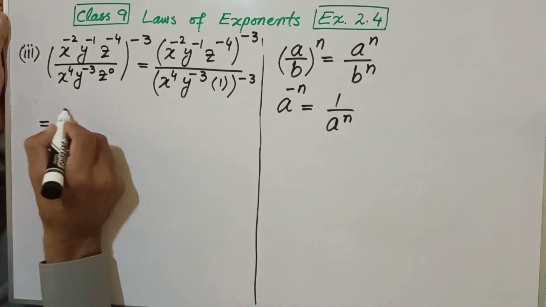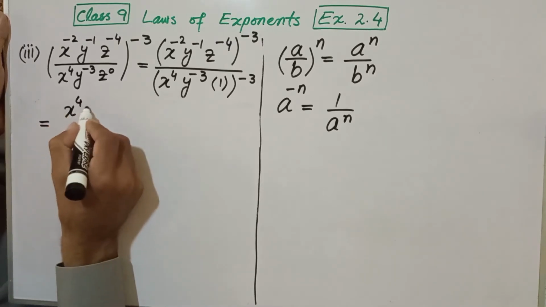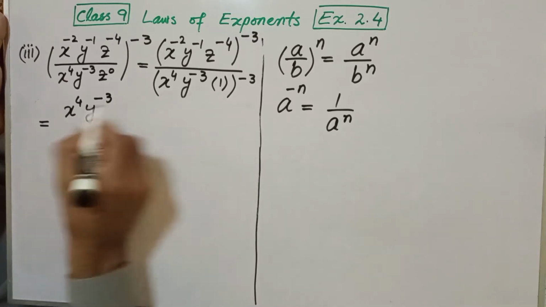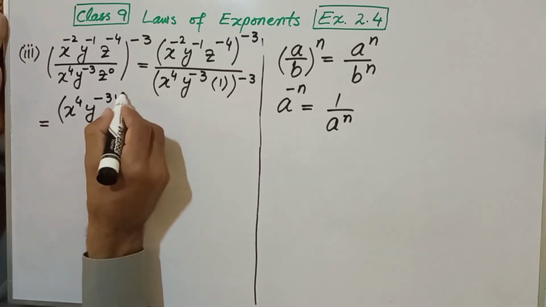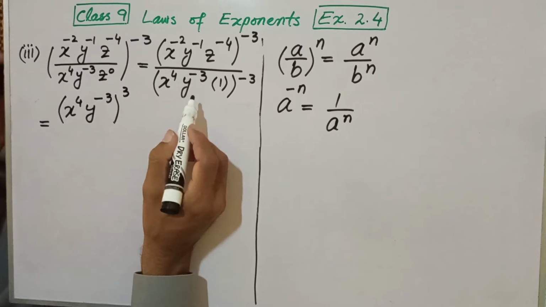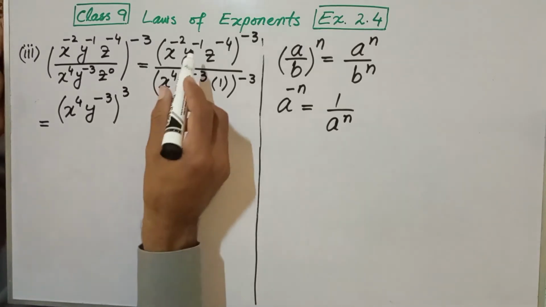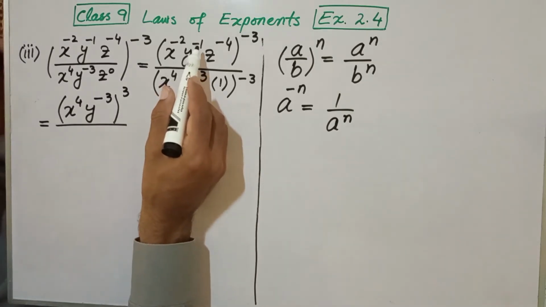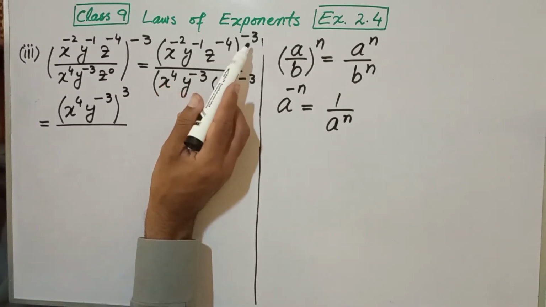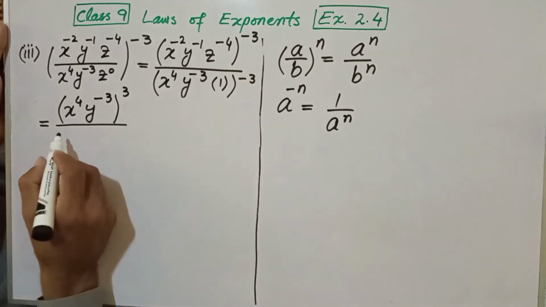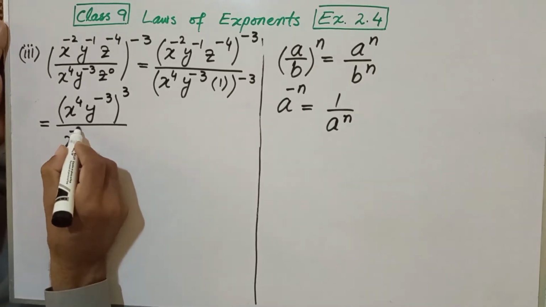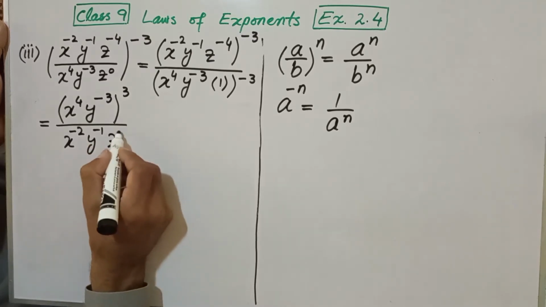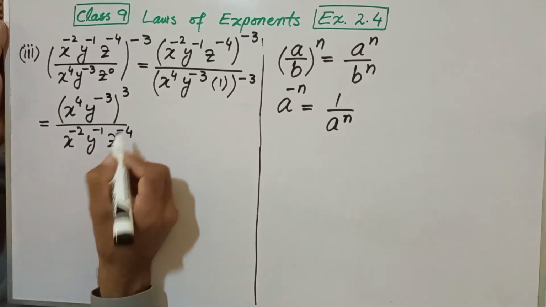That is x power 4, y power minus 3. The negative power becomes positive when it is written in the numerator. This will be written in the denominator, and the power will become positive: x minus 2, y minus 1, z minus 4.